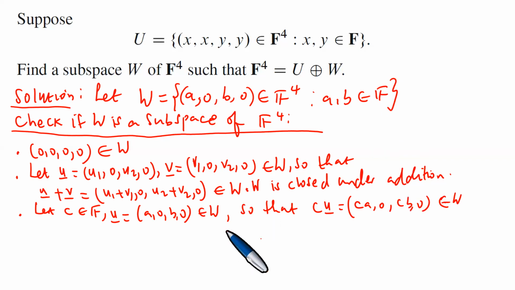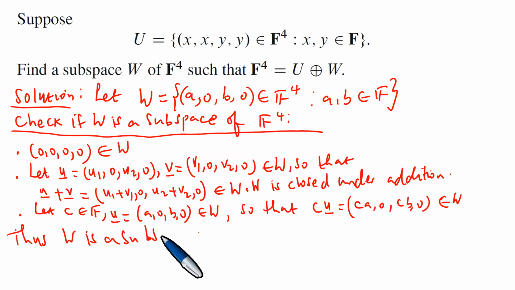And hence W is a subspace. Being a subspace, what else do we need to show to find a subspace? The question said find a subspace, and here it is.